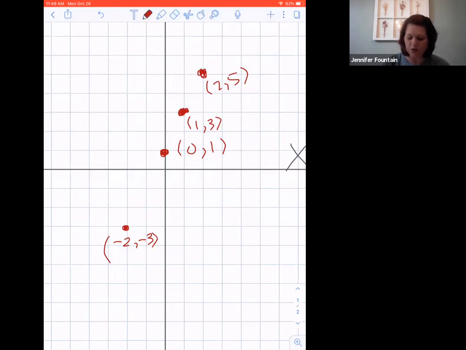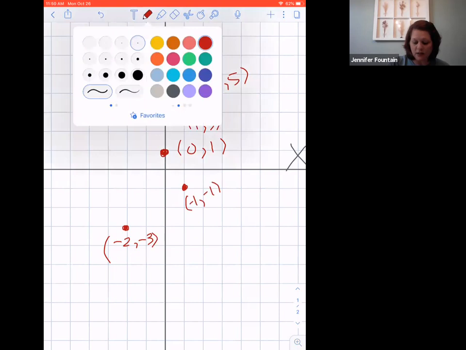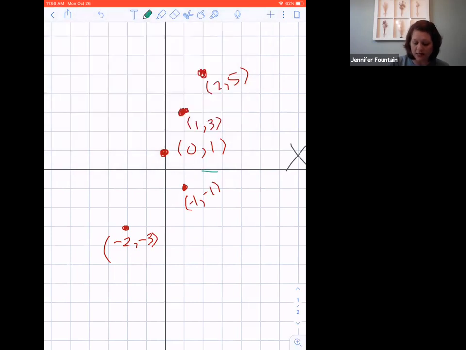And I said, oh, that was 1, -1, and I graphed it right here as 1. And I said, oh, that's -1, -1, but it's in the wrong place. Notice how when this is out there and it doesn't fall in line with my other dots, that is a red flag to me. This is a problem. I have made a mistake.